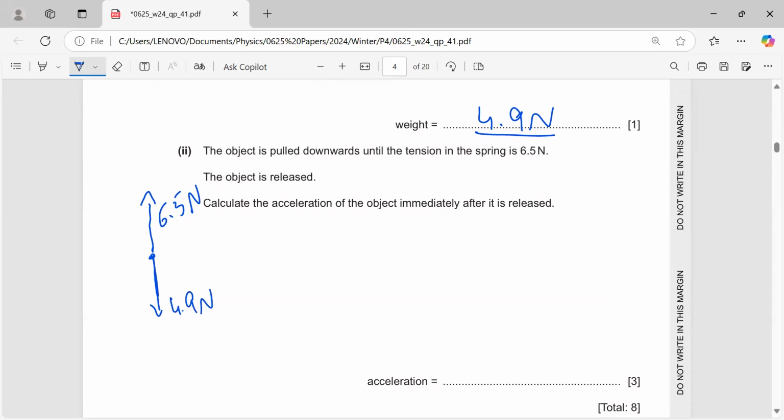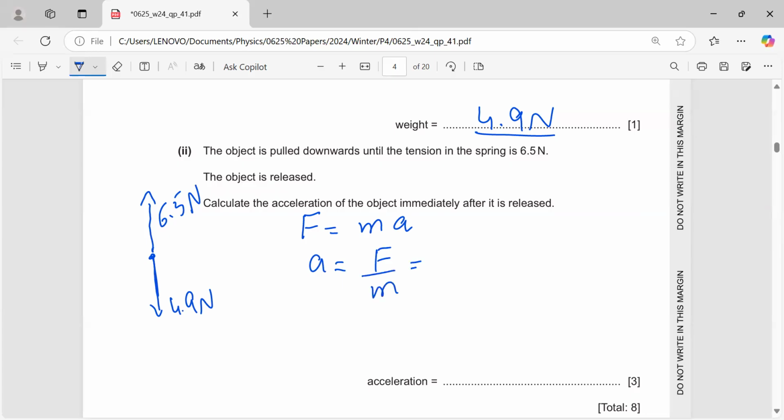As these two forces are opposite to each other, to calculate the acceleration, we need the net force. So net force is the difference between these two forces. Let's solve this. We will start from Newton's second law of motion. Acceleration equals force over mass.